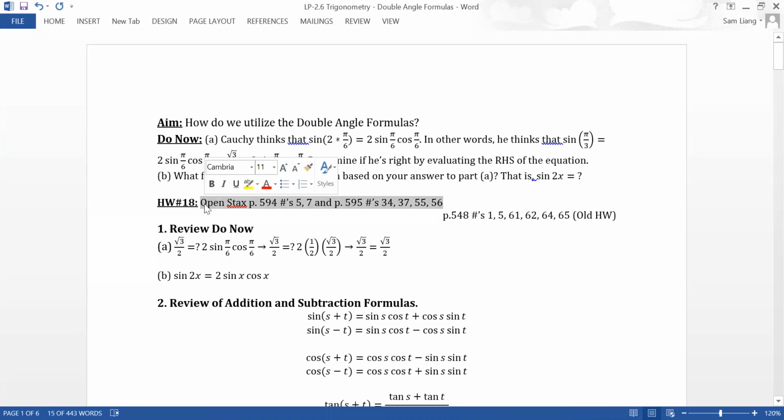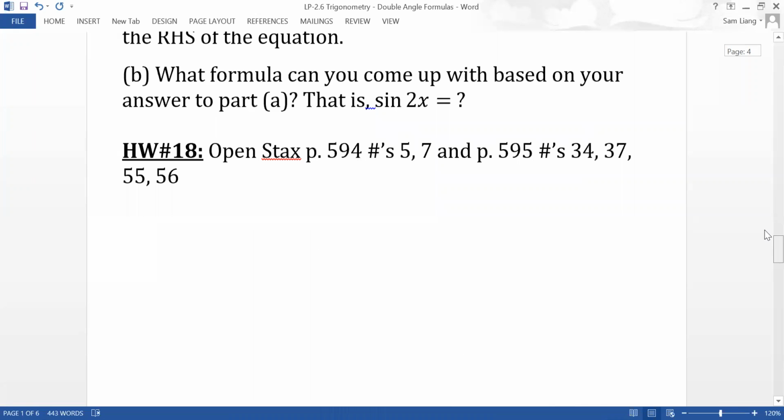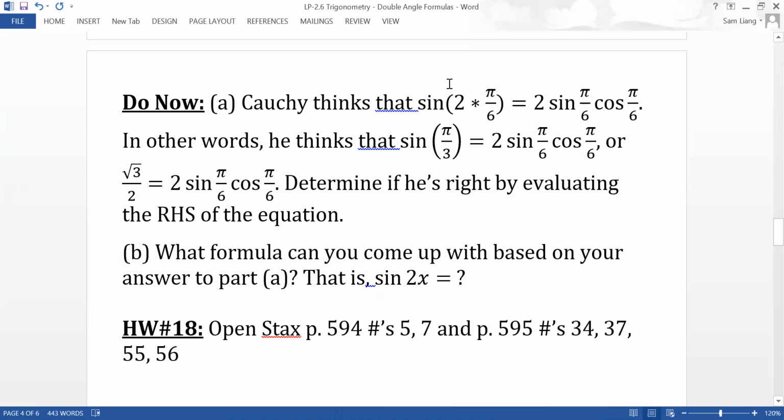Okay. All right. Well, actually, just to allow you to see it more easily, I'll go to the slide here. So here we have sine of 2 times pi over 6, and that equals 2 sine pi over 6 cosine pi over 6, or at least Cauchy thinks that this is true. And if we simplify this, we get pi over 3, right?